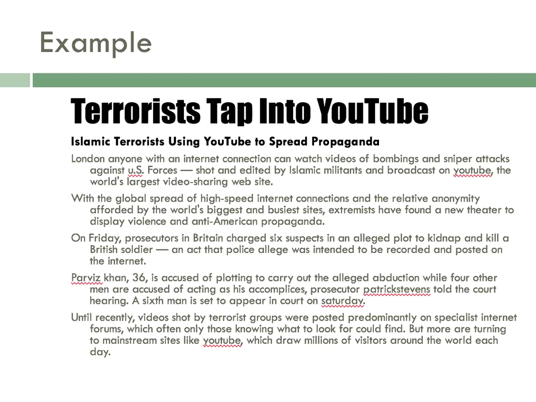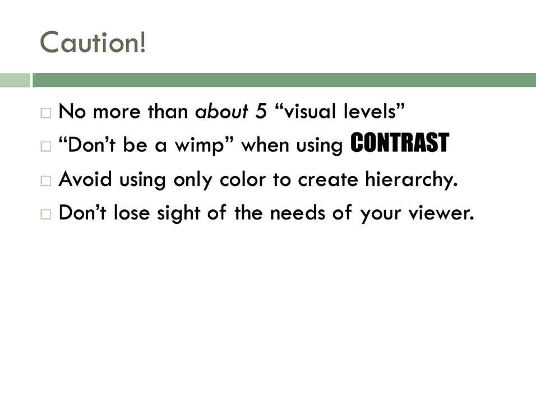Then we have our lead, the first sentence or paragraph that summarizes the story, Islamic terrorists using YouTube to spread propaganda. And then we have the body, the rest of the article. So it's easy for readers to understand that this is important information and that it's interesting simply because we've added formatting.